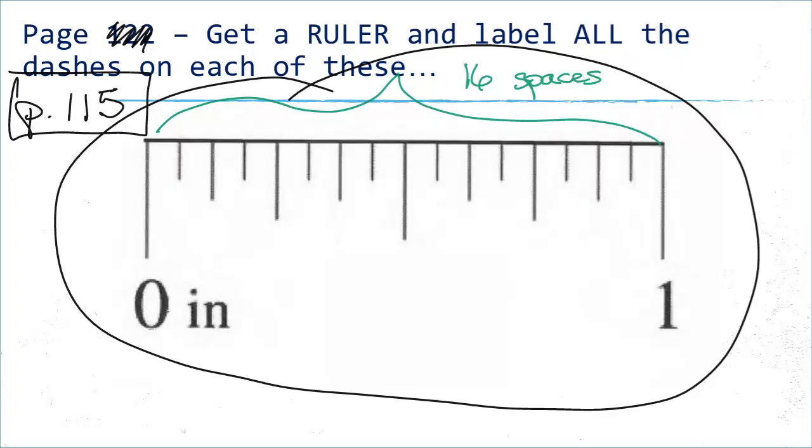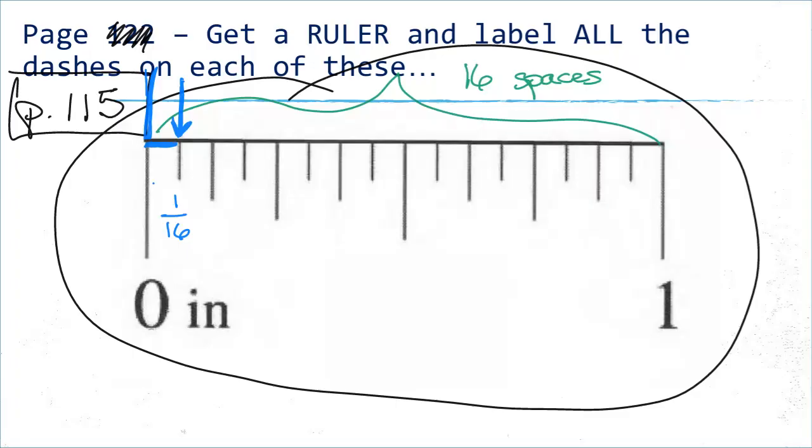So I'll help you get started with the first one. So if there are 16 spaces and we have something that we measure that goes from here to this first space right here, what would I say is this fractional amount? 1/16? So this is 1 over 16.